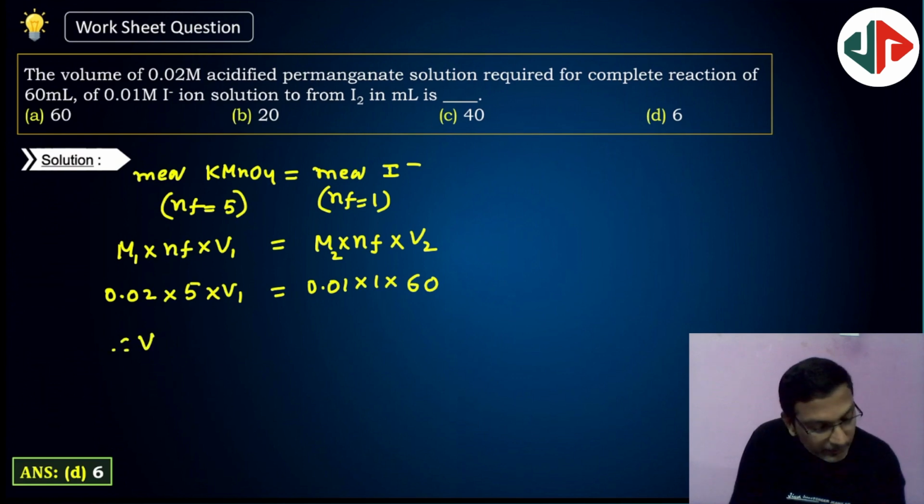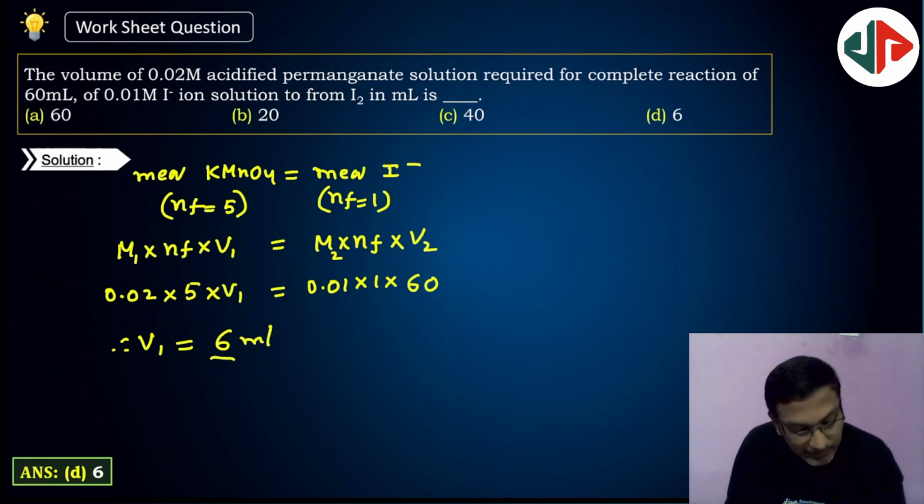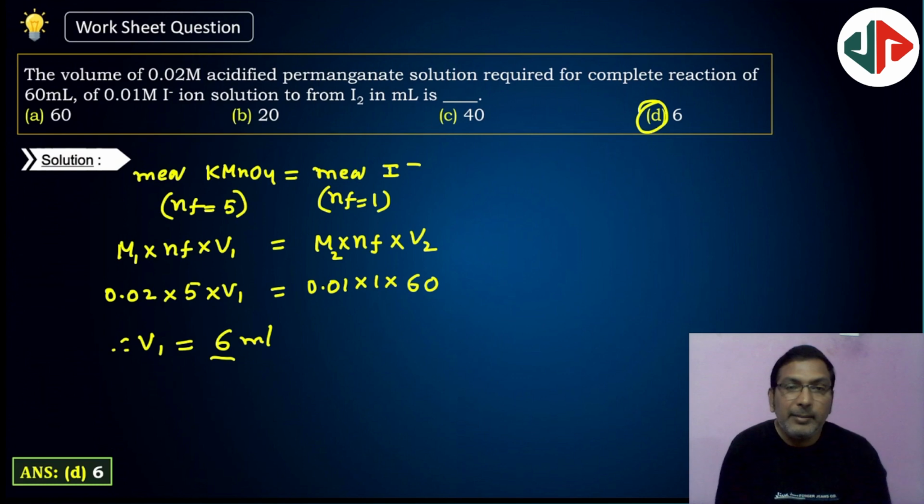Therefore V1 equals 6 ml. 6 is the answer, option D. I minus changes to I2, each I minus loses 1 electron, therefore N factor 1. In acidic medium KMnO4 N factor is 5.